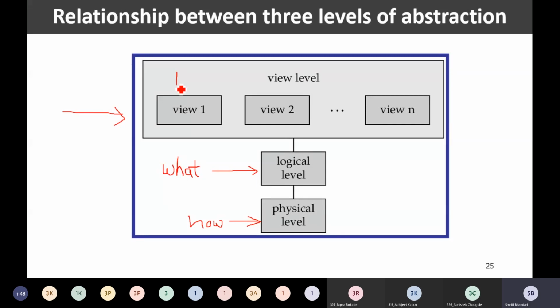If the person is a clerk, then the clerk may have some kinds of views available. So some data would be hidden, and that person will have access to some part of the database via this view. If I am talking about some administrator, whatever rights or information are accessible to that particular kind of administrator, only that information would be accessible via another kind of view.